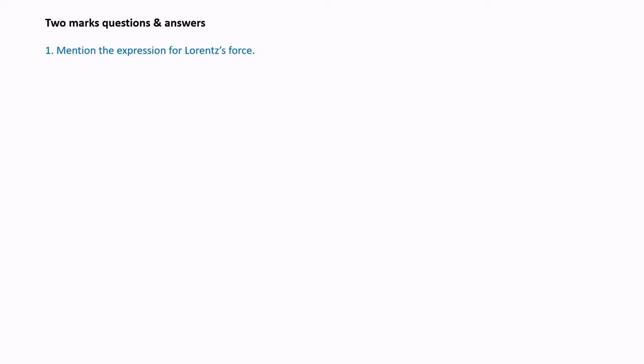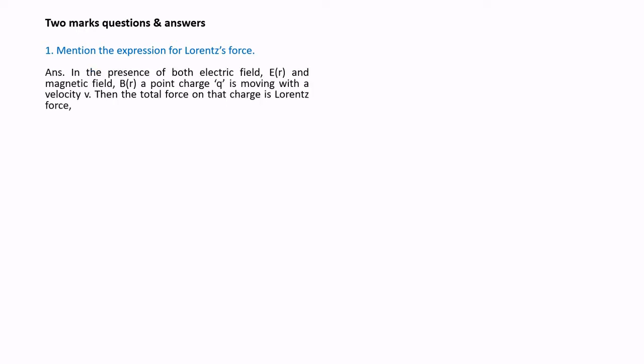Two more questions. Mention the expression for Lorentz force. Answer: In the presence of both electric field E and magnetic field B, a point charge q is moving with a velocity v.